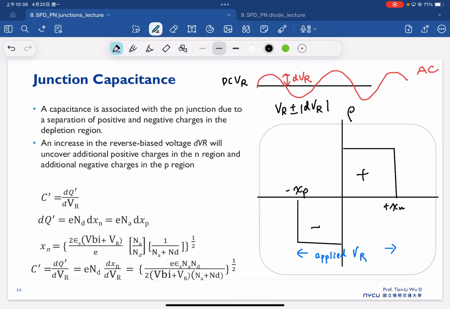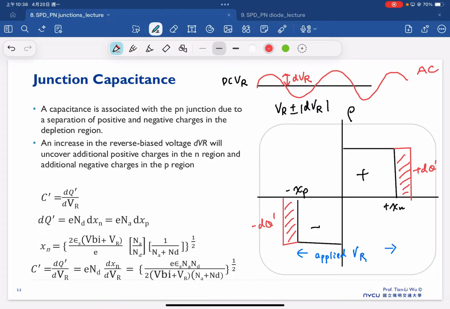That will also influence our charge distribution. This additional AC bias will cause an additional charge change, which is shown here, where we have a minus dQ' and a positive dQ'.